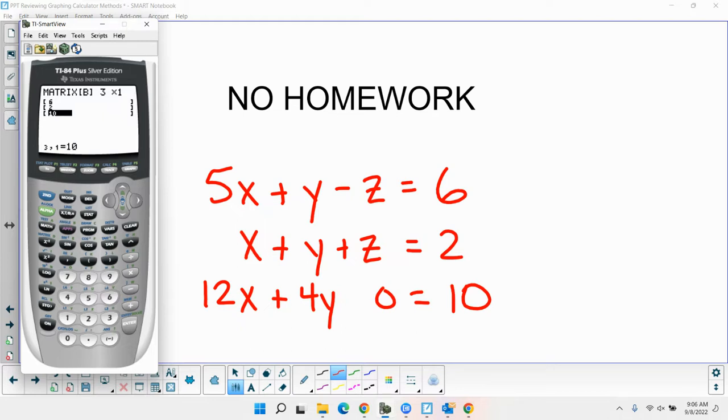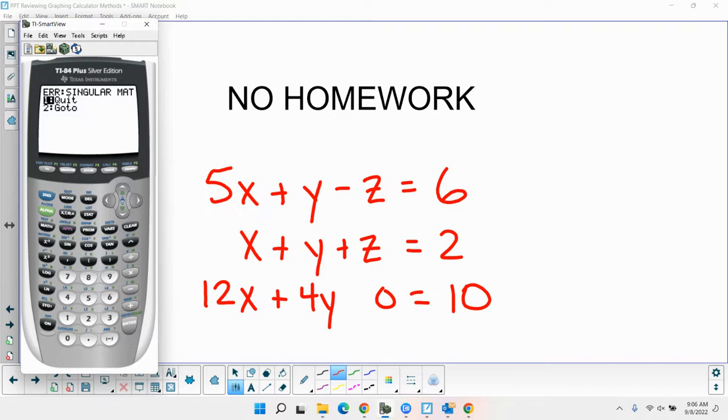All right. Pop out. Now here's something you can do. Instead of going back into matrix A, inverse and that, I can just hit second enter. And that's what I typed in last time, so it'll type it in for me. And now I hit enter, it should give me the answer.